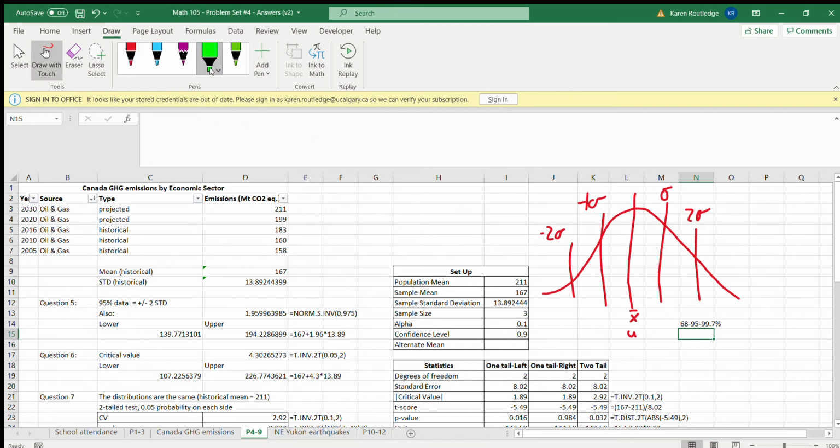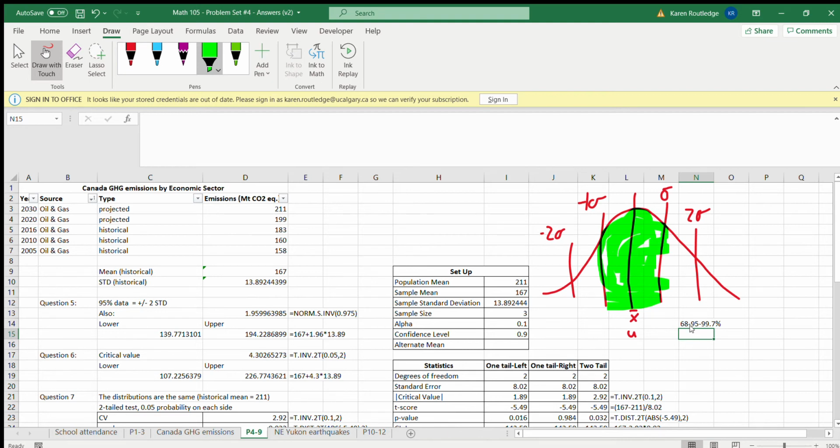It says that between -1 and +1 standard deviations, this area will contain 68% of the observations, assuming that they follow a normal distribution. So this is all theory. If they follow theory, 68% of the observations will be between -1 standard deviation and +1 standard deviation.